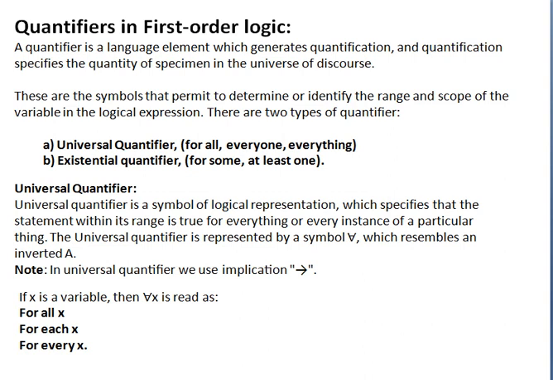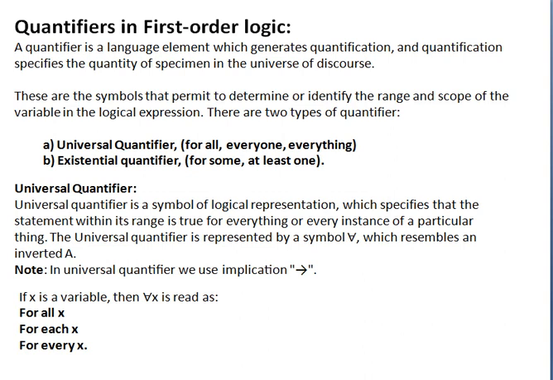Next topic is quantifiers in first order logic. There are two types of quantifiers: universal quantifier and existential quantifier. Universal quantifier specifies that the statement within its range is true for everything or every instance of a particular thing.